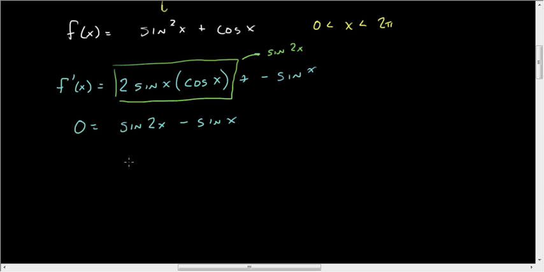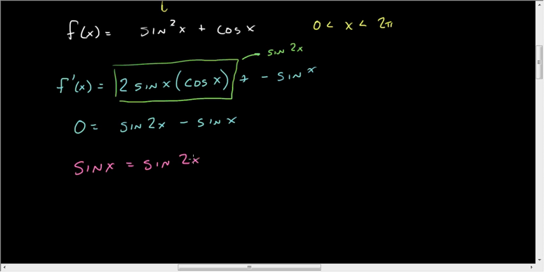And so if we solve, then we have sine of x is equal to the sine of 2x. I cannot stress enough, you have to be very, very cautious here. The reason you have to be cautious is that sines and cosines are cyclical.